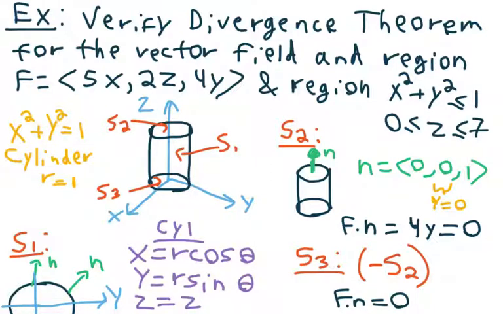So when we do the dot product of the normal with F, we get 4y, but since y is equal to 0, F · n is simply 0. The same thing happens for S3. S3 is in fact just the negative value of what we find for S2, so in this case, it's still 0.